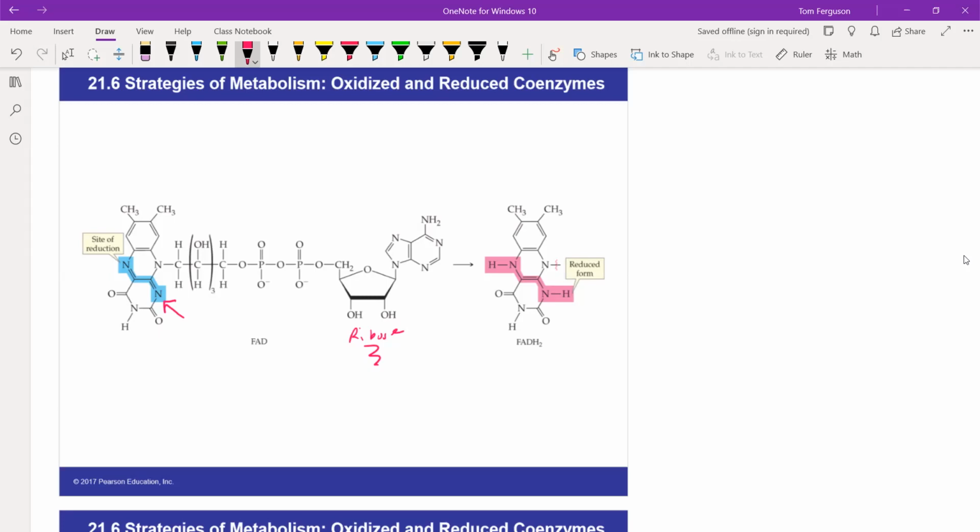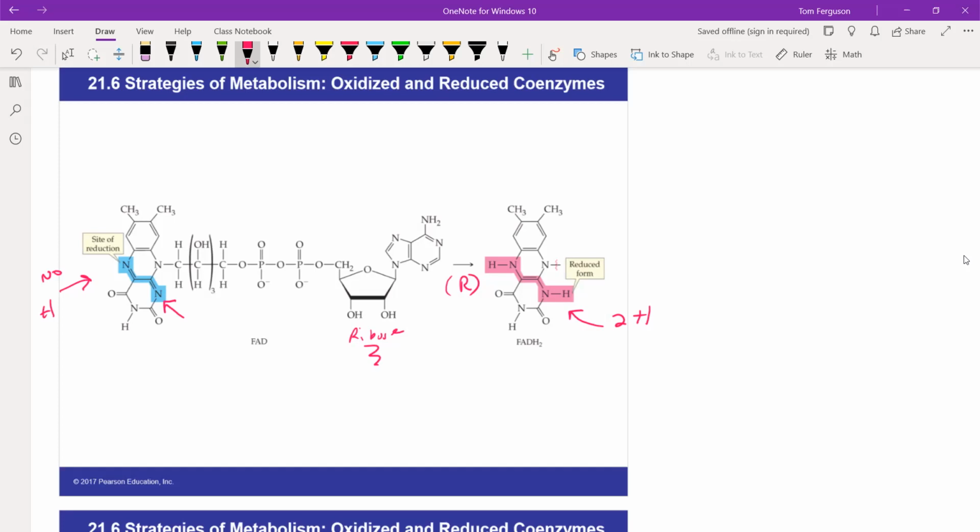Looking at this guy here, these two nitrogens have no hydrogens. These two on the right have gained two hydrogens. Hence, the FAD is being reduced to FADH2.